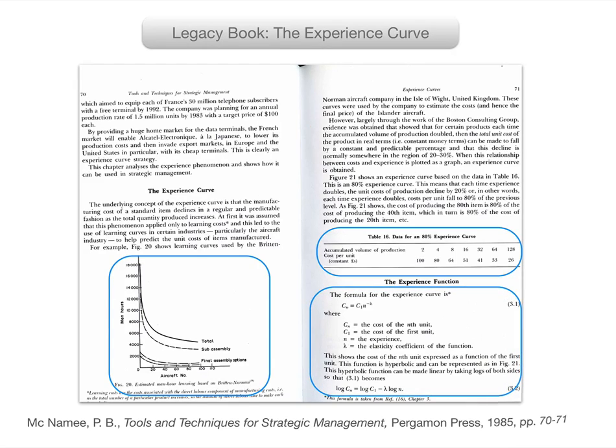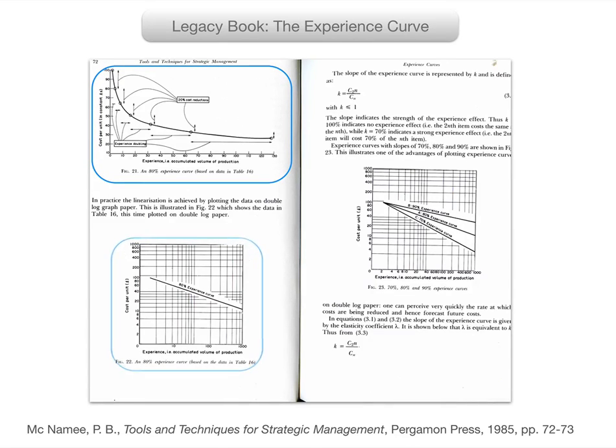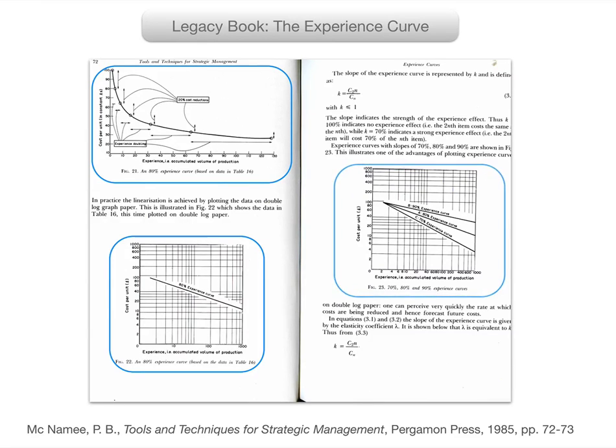And on the next page, I have 3 diagrams. Here is the experience curve shown arithmetically. Here it's shown on log paper. And here are 3 different experience curves: 90%, 80% and 70%. And that is how I wrote about the experience curve in 1985.